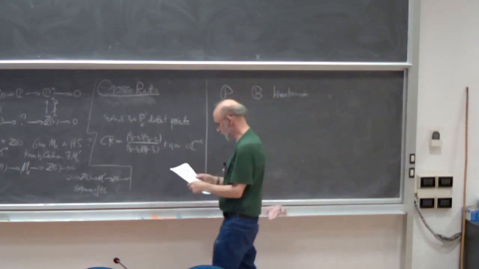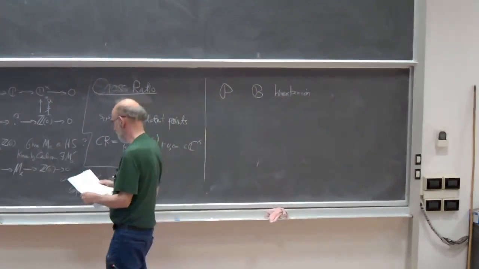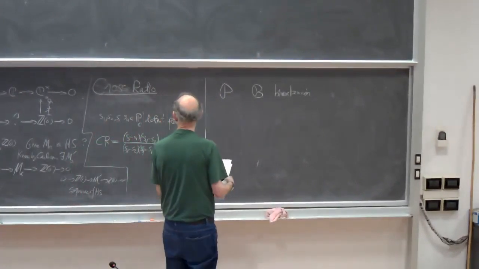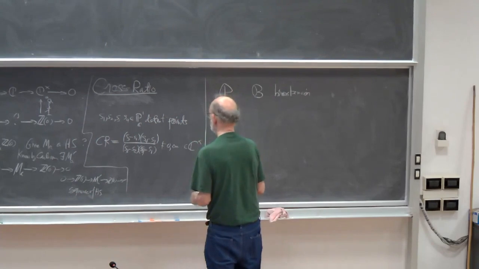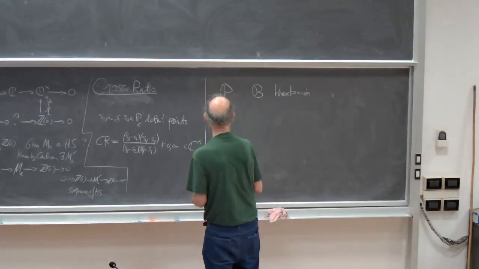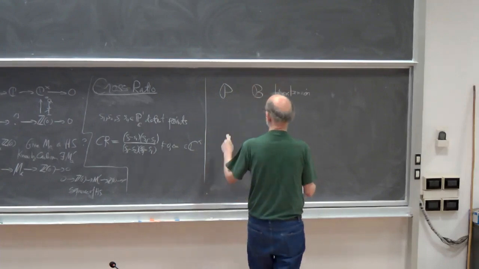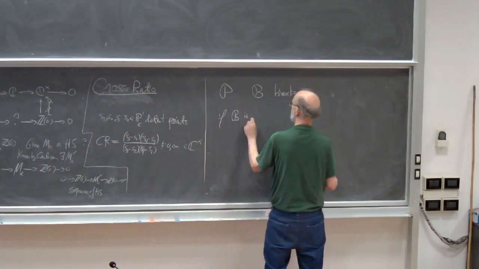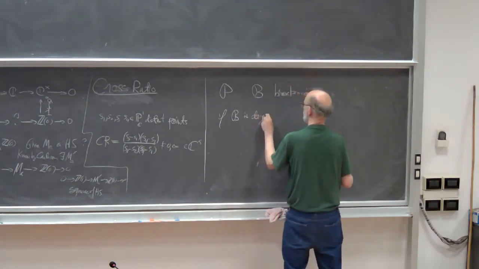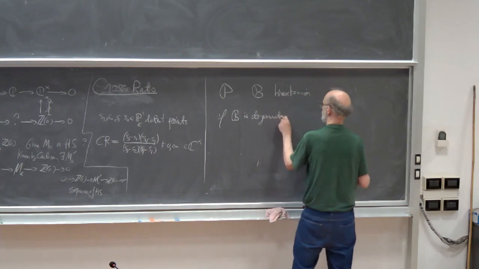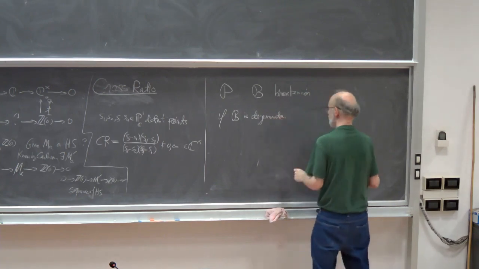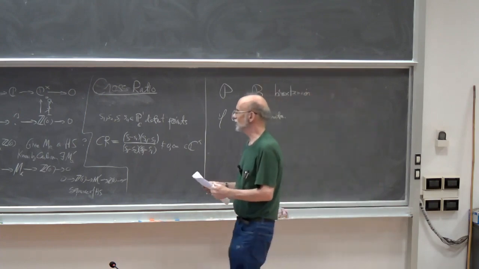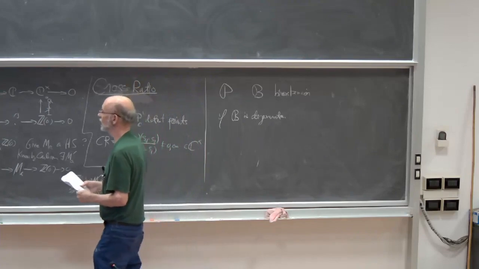And suppose it's degenerate. So if B is degenerate, that means that the middle term is 0.